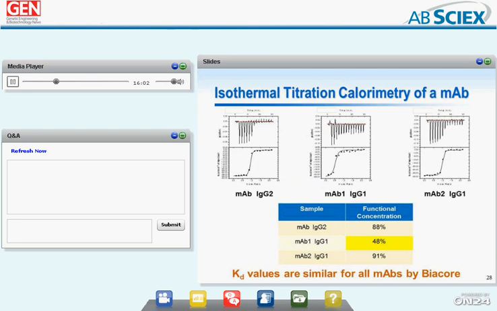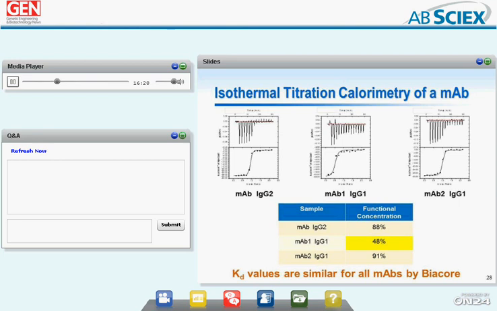So in this case, we started with an antibody that was generated by hybridoma, and it is shown in the upper left. And the isothermal titration calorimetry experiment showed a 90% functional concentration. We had this mAb reformatted to an IgG1, and it is shown in the middle. And we also made a separate mAb shown in the upper right, also an IgG1 with an Fc portion mutation.